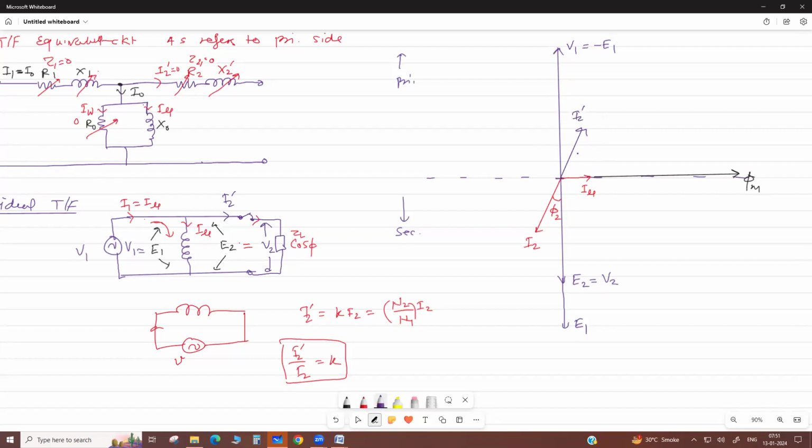Now there are two currents. At this node you apply the KCL: I1 equals I0 plus I2 dash. But it is a vector sum, because there is a phase difference between these two currents. So we do their vector sum.